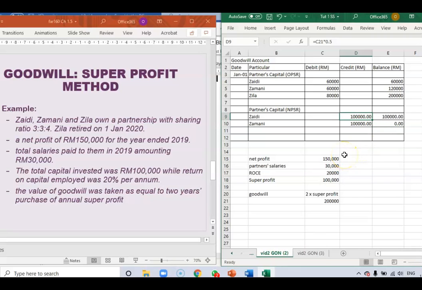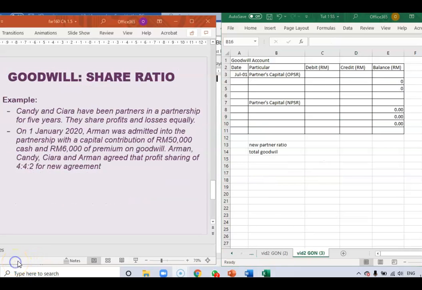Okay, moving on to the next method, that is using the sharing ratio. Using an example, Candy and Sierra have been partners for 5 years, so they share profit and loss equally, 50%, 50%. And then on 1st January, Arman, a new partner, joined the partnership, and the capital contribution is 50,000 cash, and it says here 6,000 ringgit premium on goodwill.